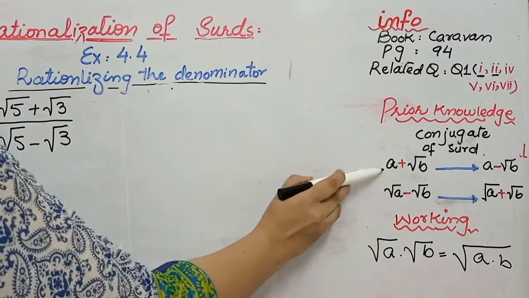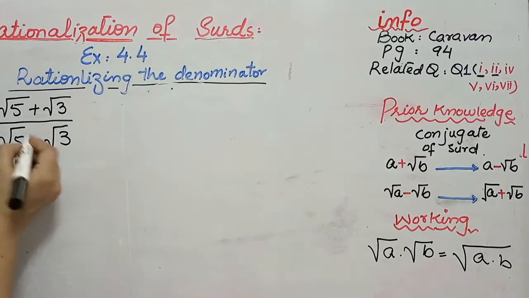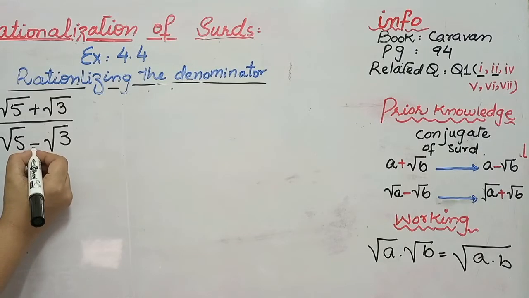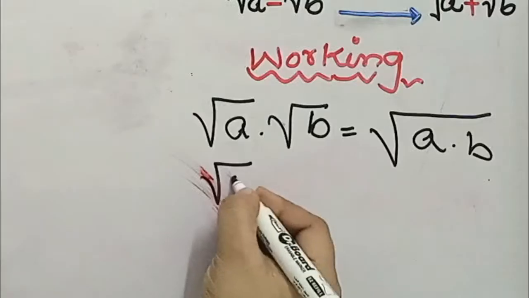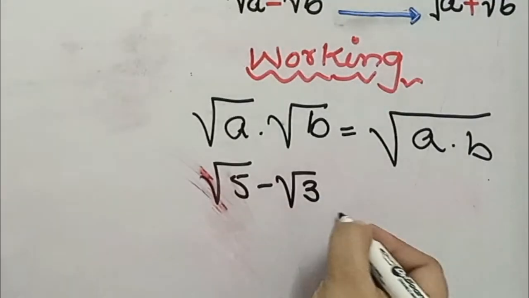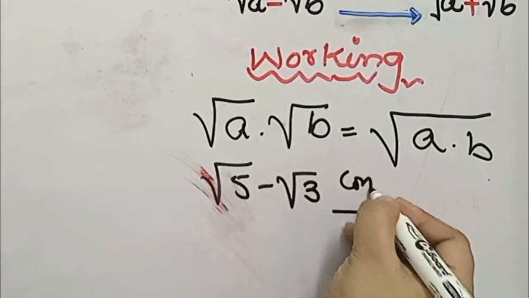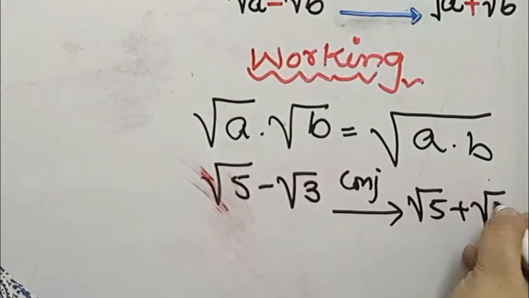If two terms are there, then we have to change the sign in between the two terms. If it is positive, the conjugate of it will be under root 5 minus under root 3, and if it is negative, then its conjugate will be under root 5 plus under root 3.